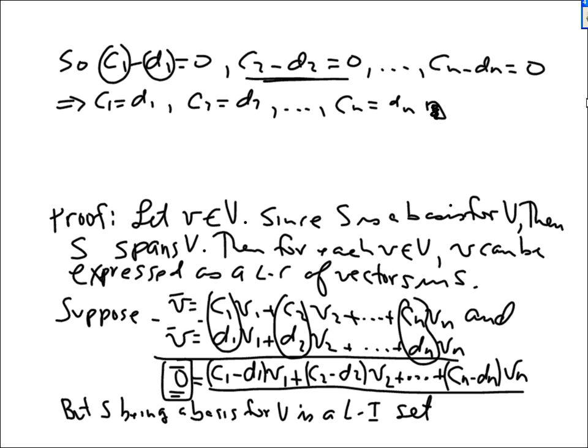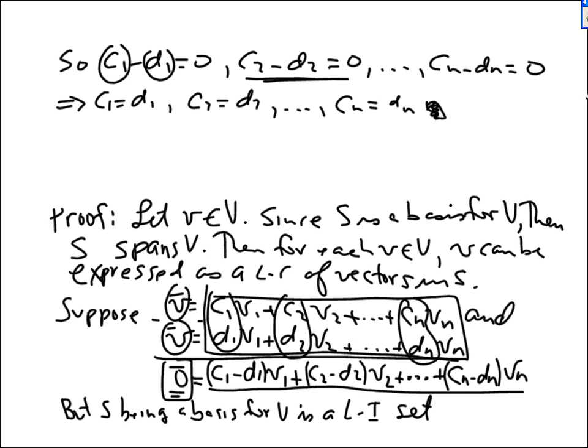And that's exactly what we wanted to show. We wanted to show that these two right sides are the same linear combination. Not only do they both equal vector b, but it's the same linear combination. We couldn't get two different linear combinations.